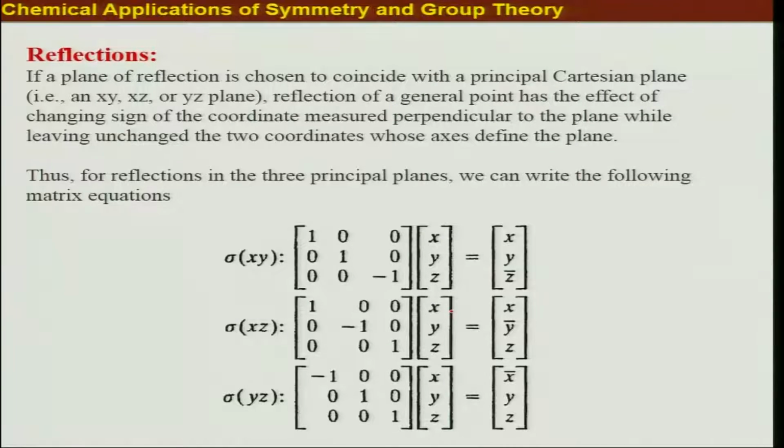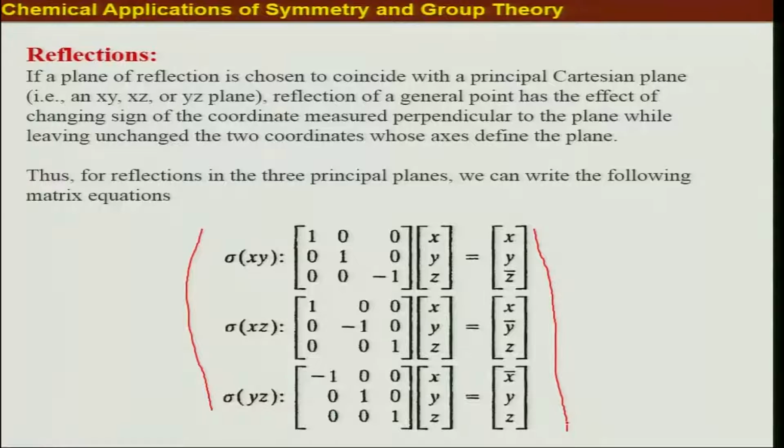Okay. So, similarly you can figure out what will happen to the column vector when we have a sigma plane along the xz or yz planes, and the corresponding matrix forms you can also easily figure out. And if you compare these three, you can see that the position of the negative 1 element is changing with respect to the column vector. As we change the column vectors, this is also changing.